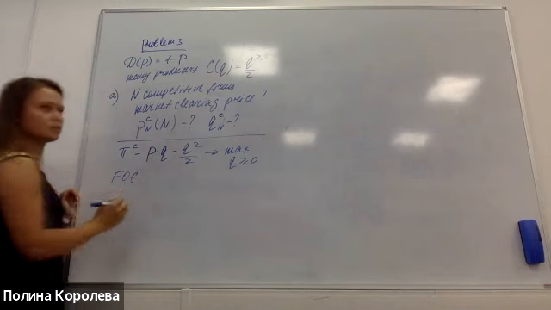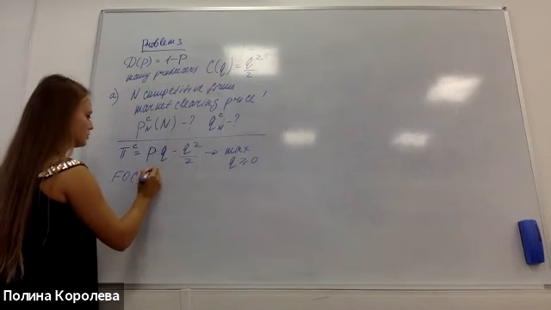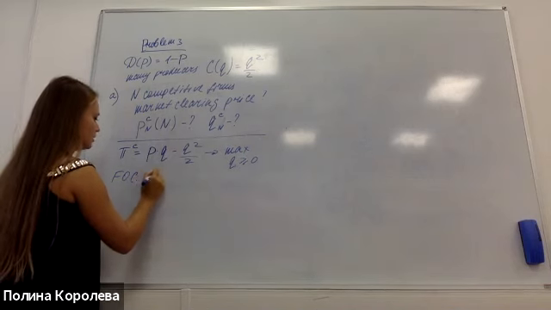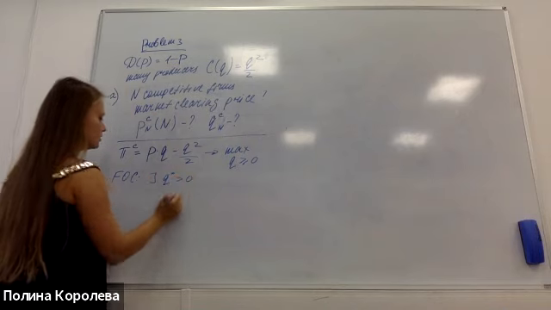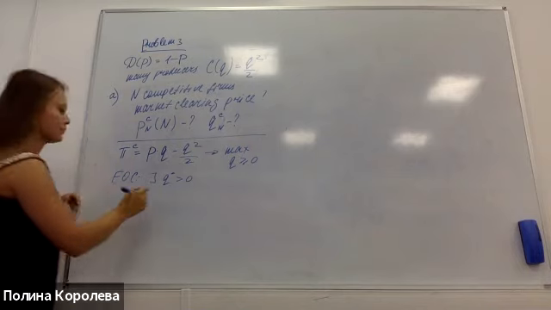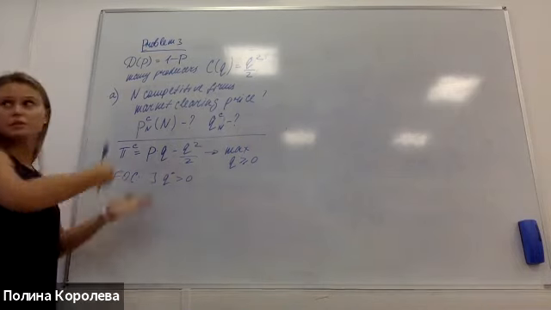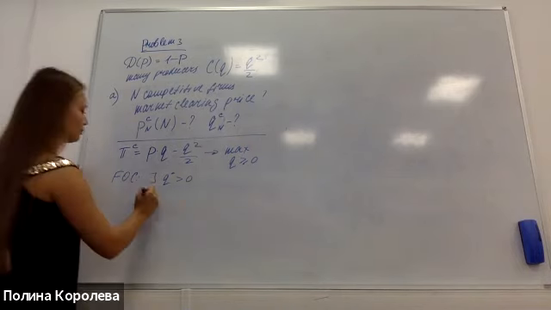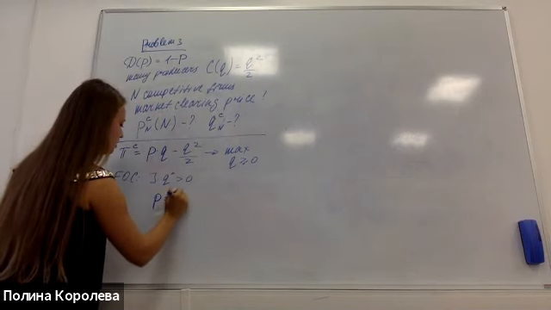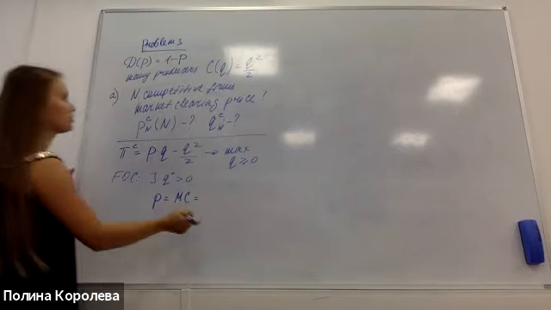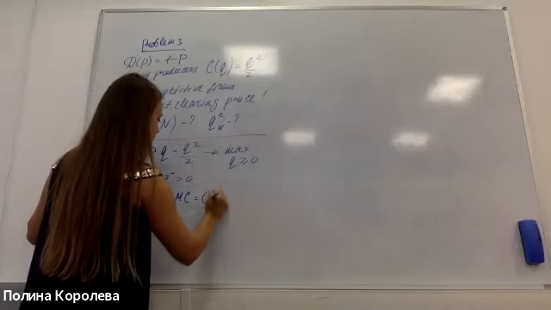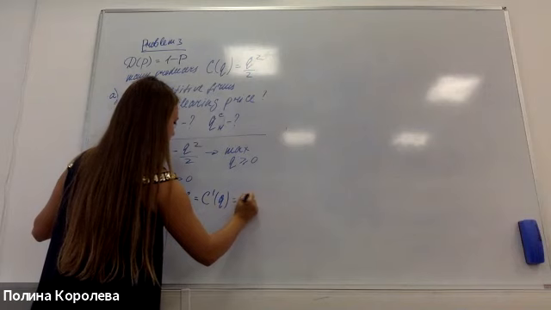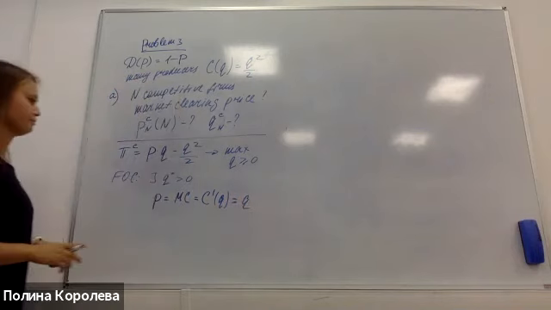First order condition: let's find only interior solutions. Suppose optimal quantity greater than 0. Only interior solutions, and then check that this is true. Price should be equal to marginal cost. Marginal cost here equals Q. Easy.